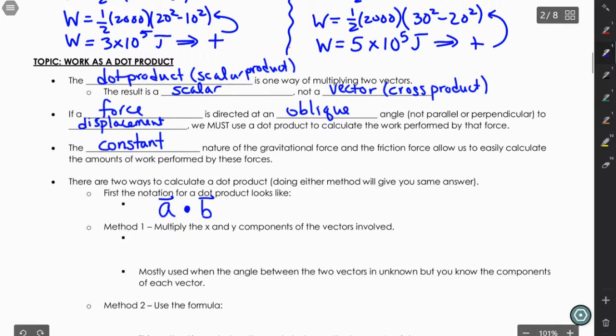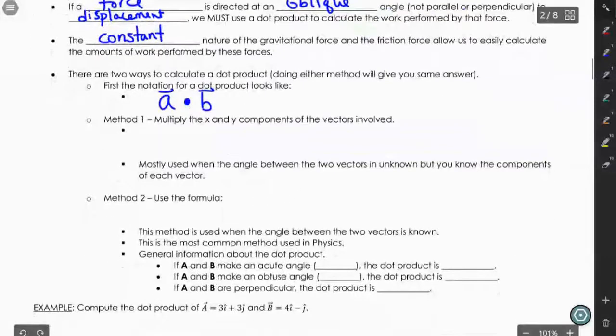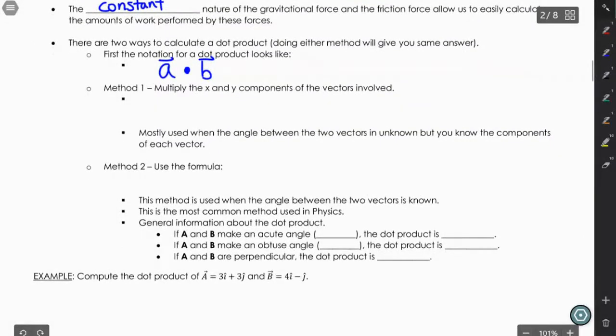Now, the first method of the dot product is multiplying the components of the vectors, right? And you may be given these or you may have to find them, but that is the first method. So A dot B can be simply found by using AxBx plus AyBy, right?